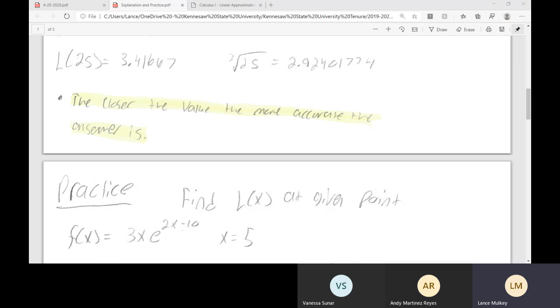So e to the 2x minus 10, how do you get the derivative of that? Okay, if you take the derivative, it's e to the u times u prime, right? So it's e to the 2x minus 10 times the derivative of 2x minus 10, which is just 2. Yep.